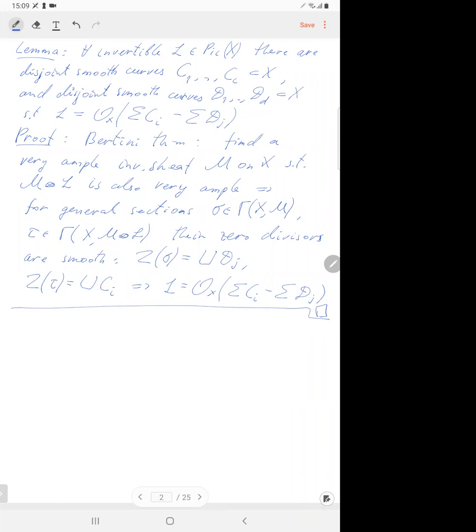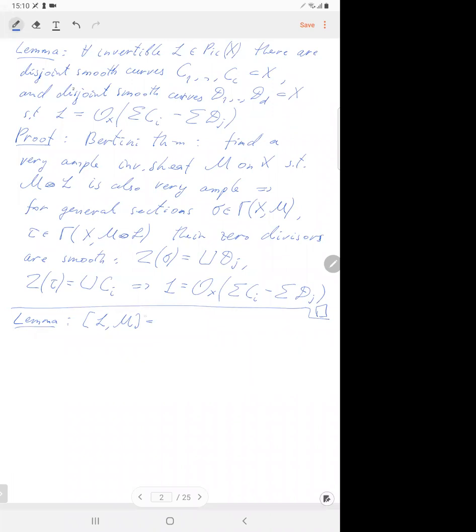So now the next computational lemma is about this pairing. Sorry, maybe I shouldn't have called this very ample guy M, because now M is arbitrary.